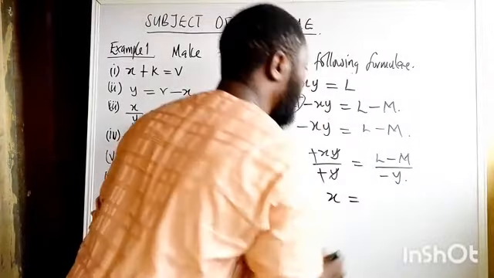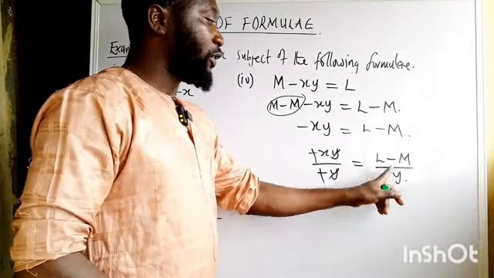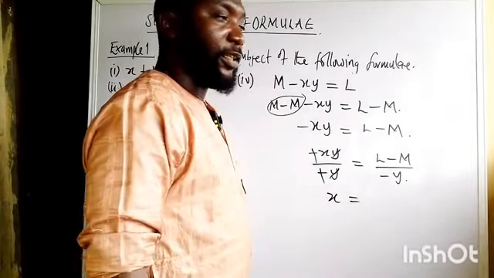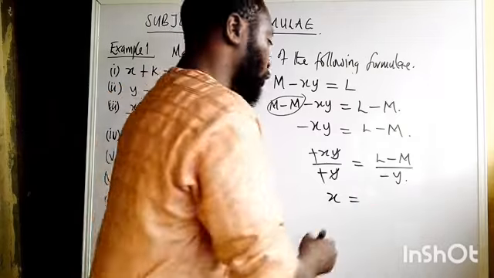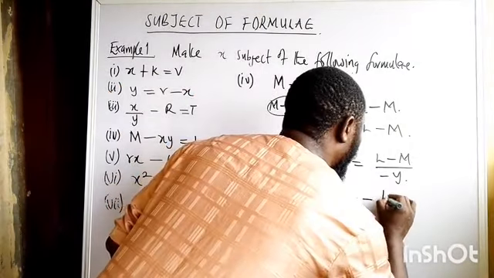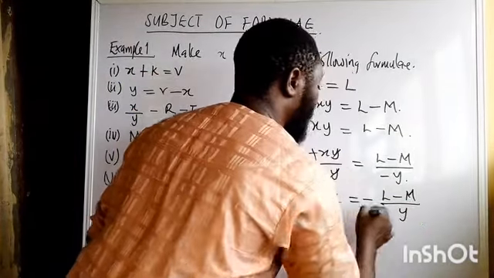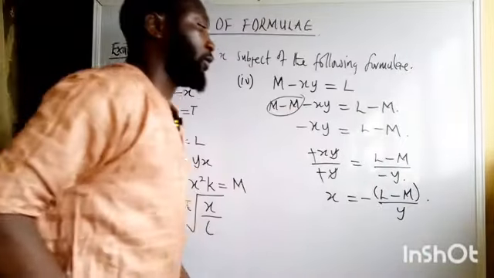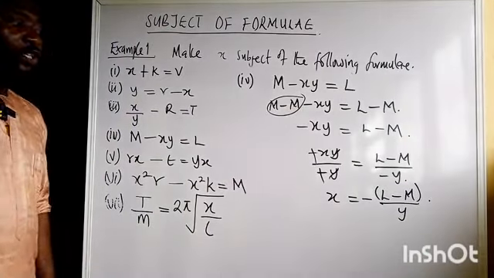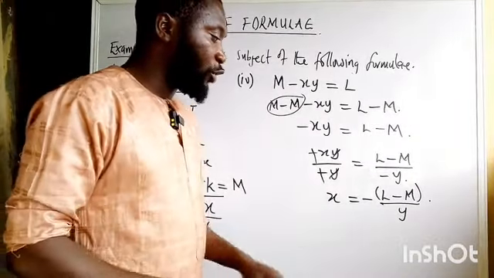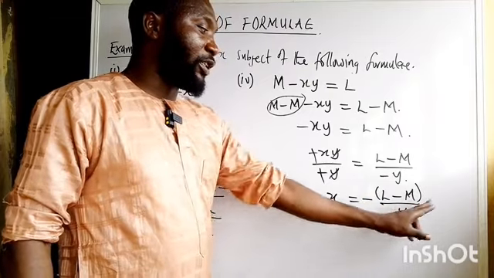x equals. Now this is divided by this, but you don't keep the negative sign with the denominator. So you bring your negative sign up, so you have x equals negative L minus m over y. And this is your result. But if you want to simplify this further, you can open the bracket with this negative sign.